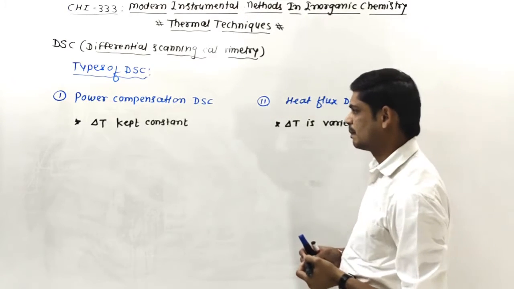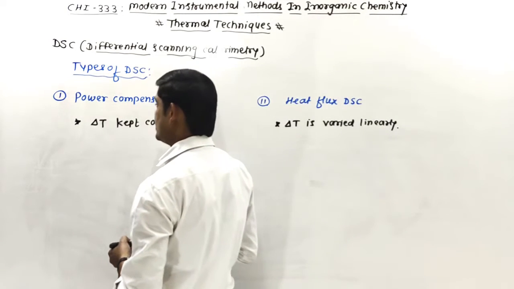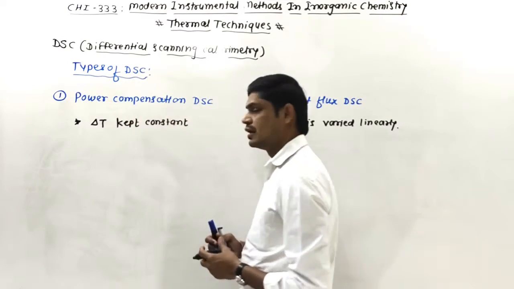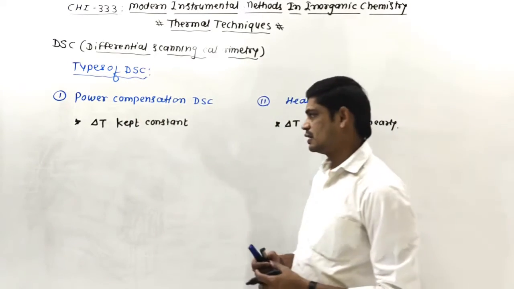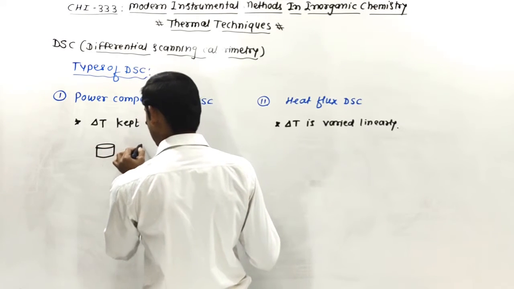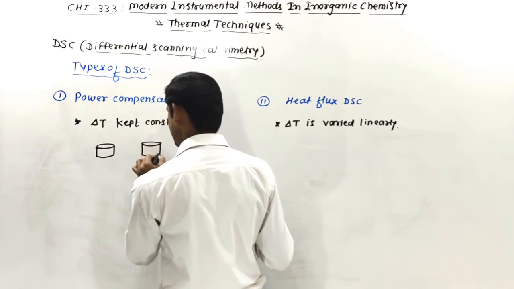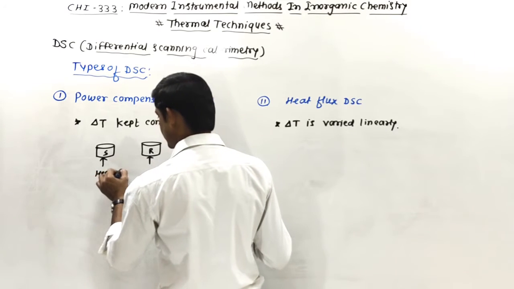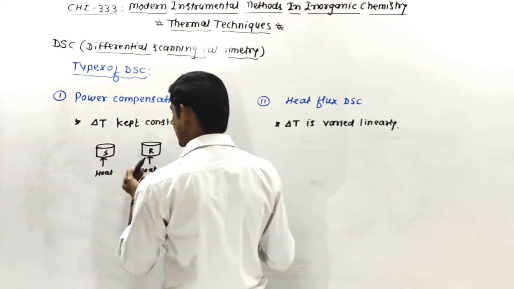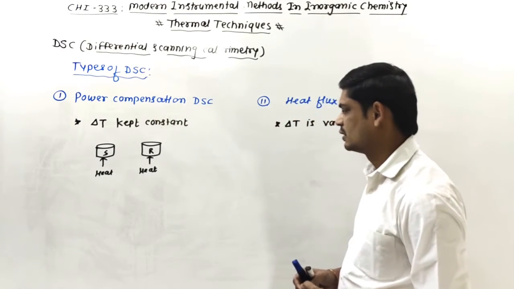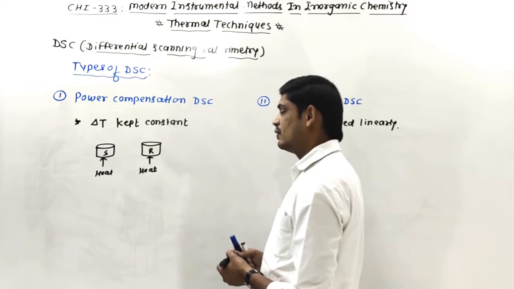In power compensation DSC, the sample and reference is heated separately. And as they are heated separately, it means that they are provided with a separate heater.